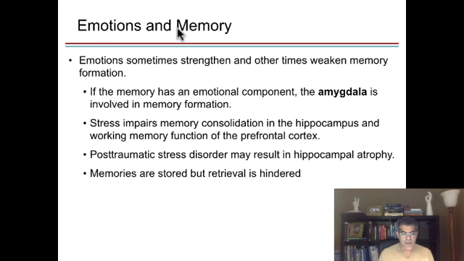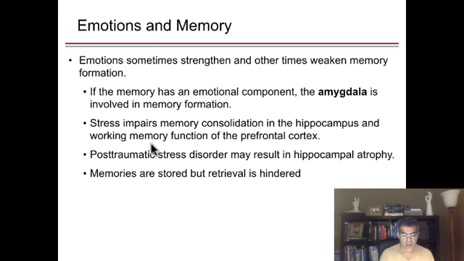If emotion is added to the memory, amygdala is going to be involved in that memory formation. Stress, however, is going to impair our memory consolidation in hippocampus, but also is going to affect prefrontal cortex. Do you remember we said prefrontal cortex is used for working memory, for short-term memory, something that you're going to remember for a few seconds or a minute? When people are under stress, even the prefrontal cortex is going to be affected.